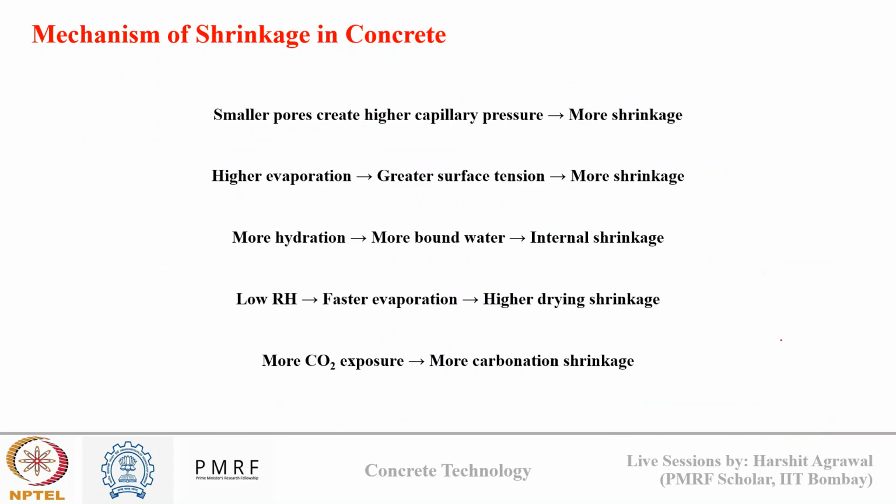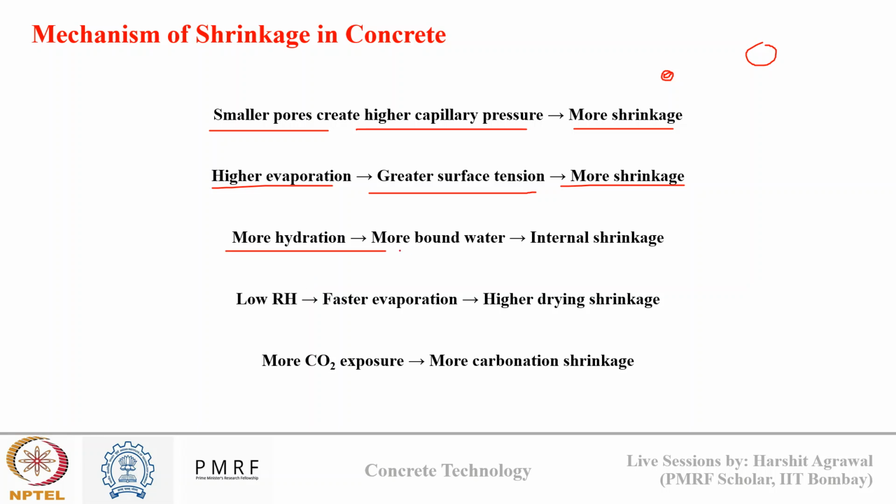Now this slide is just a summary of broad areas of different aspects of concrete and environment and how they affect shrinkage. It is known that smaller pores create a higher capillary pressure, so they can cause more shrinkage. So shrinkage is more in smaller pores rather than in larger pores. If there is higher evaporation, there will be greater surface tension, so there will be more shrinkage. That is again a commonly known phenomenon.